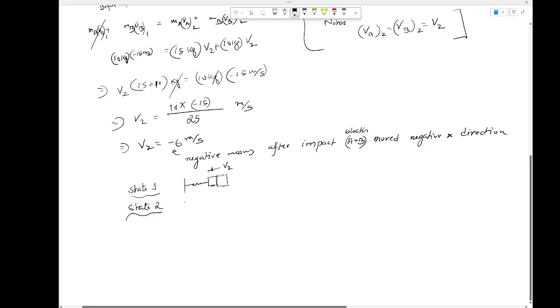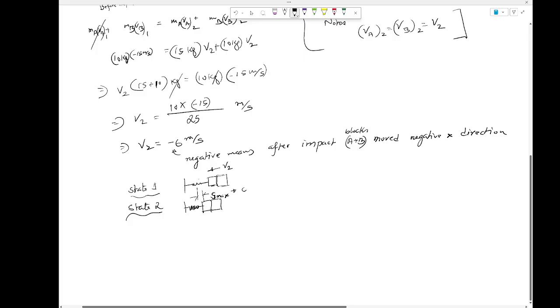And state 2 would be where the compression happens. All right, so you see, initially, so that much of compression. So this is your X max. Remember S max?